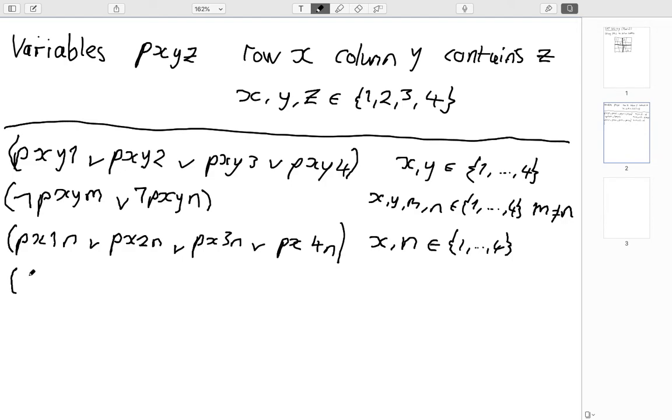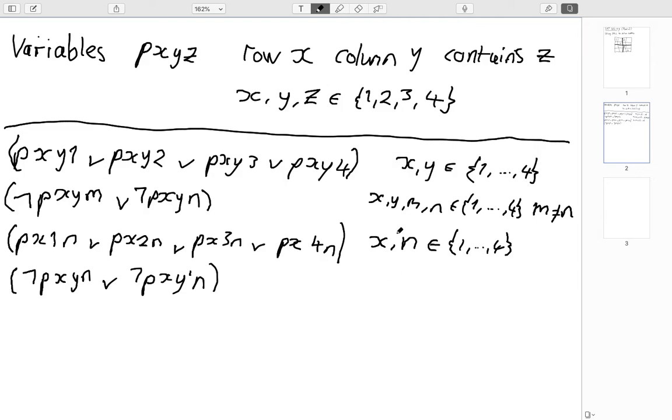So we're going to say for a particular row x and a particular number n, then n cannot be both in column y and in column y prime. So it's not the case that p x y n as well as p x y prime n.